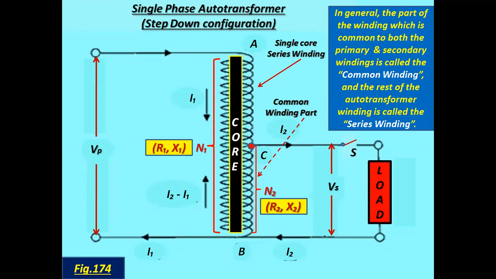Single phase autotransformer, that is step down configuration. In general, the part of the winding which is common to both the primary and secondary winding is called the common winding, and the rest of the autotransformer winding is called the series winding.